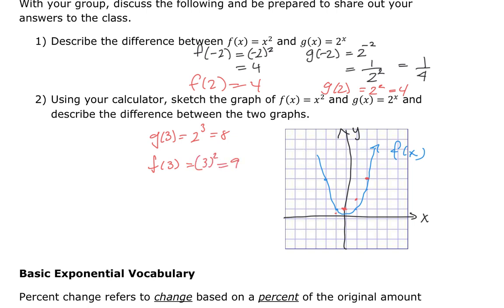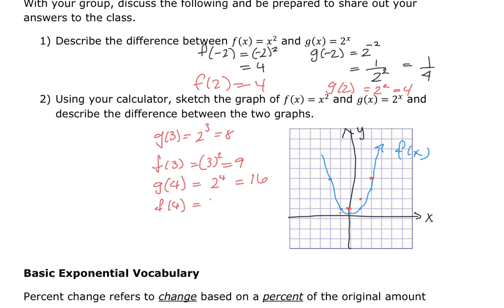And then g of 4 is going to be 2 to the 4th, and I get 16. And f of 4 is 4 squared, so that also gives me 16. If I do g of 5, I'm going to get 32. That's 2 to the 5th, which is 32.